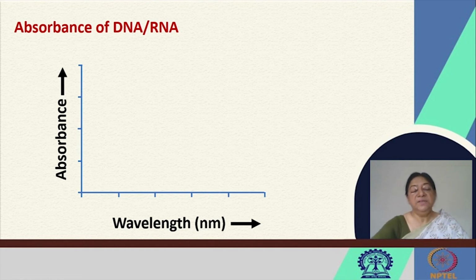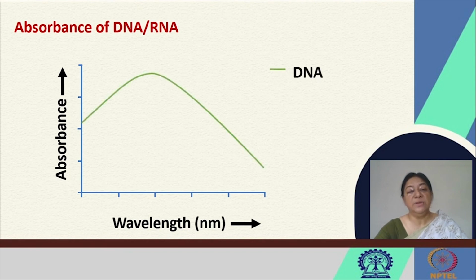The identification of DNA and RNA is done by absorbance studies. As we had visited absorbance values and absorbance spectra of proteins, we can look at their factor with DNA. This is where the bases of the DNA and the RNA absorb at a value of 260 nanometers.